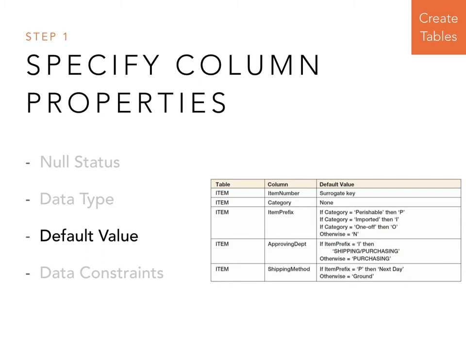The most common way that I've used this personally is if you want to have a timestamp of when a row was created, you can just put equals get date time or something close to that function. So that default value of get date time will get the current date time that row was created.